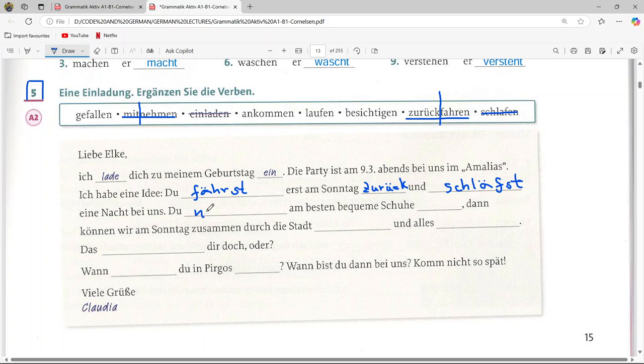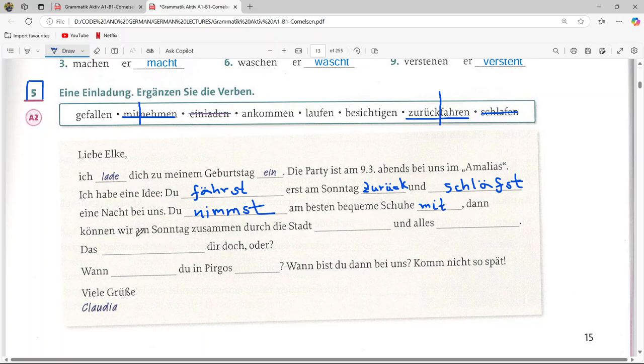So du nimmst am besten bequeme Schuhe mit. Mit is remaining, at the end we put mit. So you take the best and comfortable shoes with you.